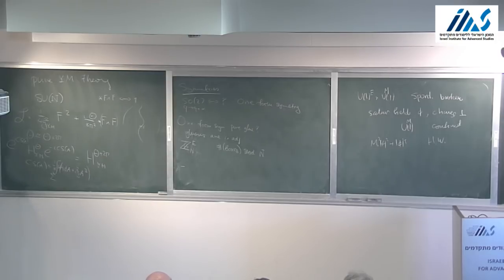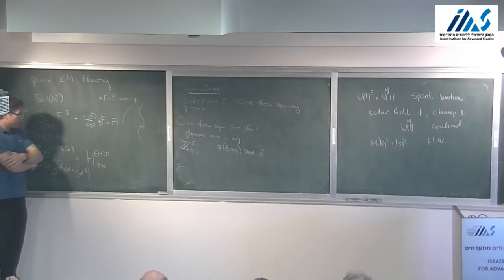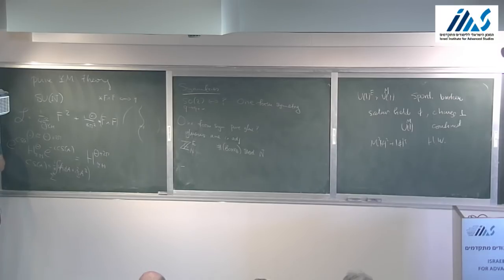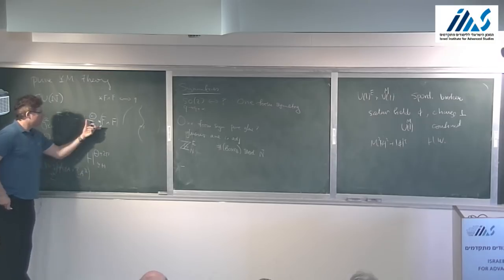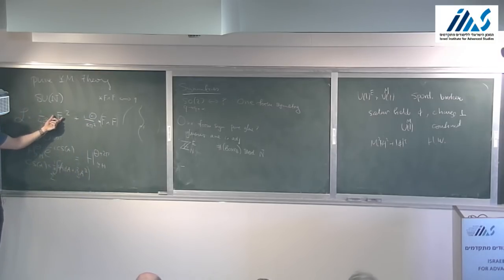An equivalent way to think about it is to refer back to Maxwell theory with a charge 2 particle. There was a gauge transformation that did not act on any of the dynamical fields, which is a gauge transformation by 180 degrees. Here, there is a gauge transformation that does not act on the gluons, which is in the center of this SU(N) gauge group.